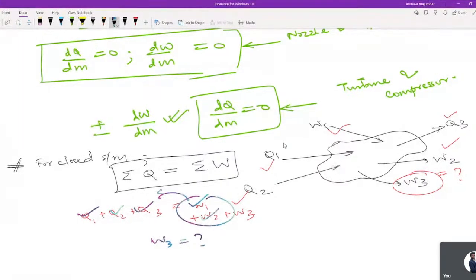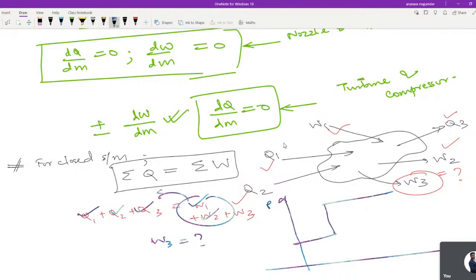Now there is another way. They might give you a graph of P versus V, like this. The graph is going like this, and they will give you all the parameters.